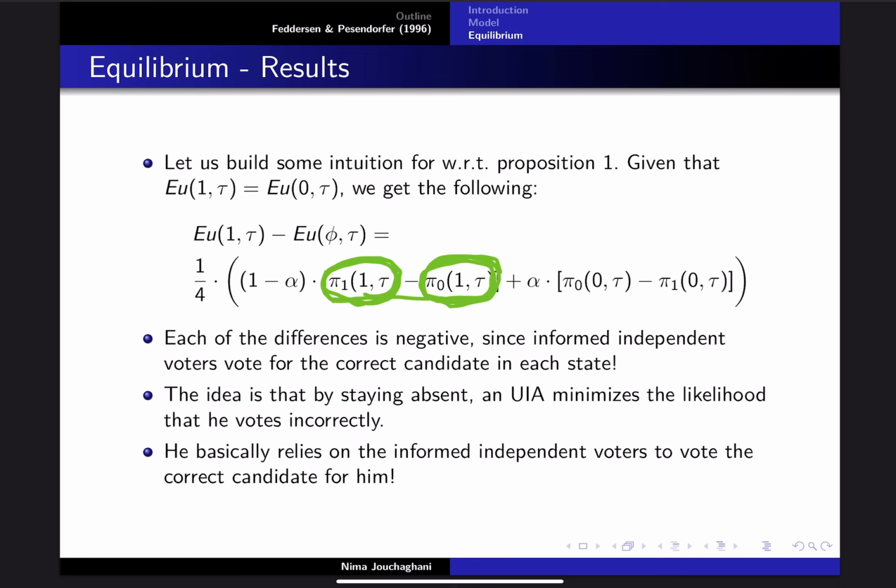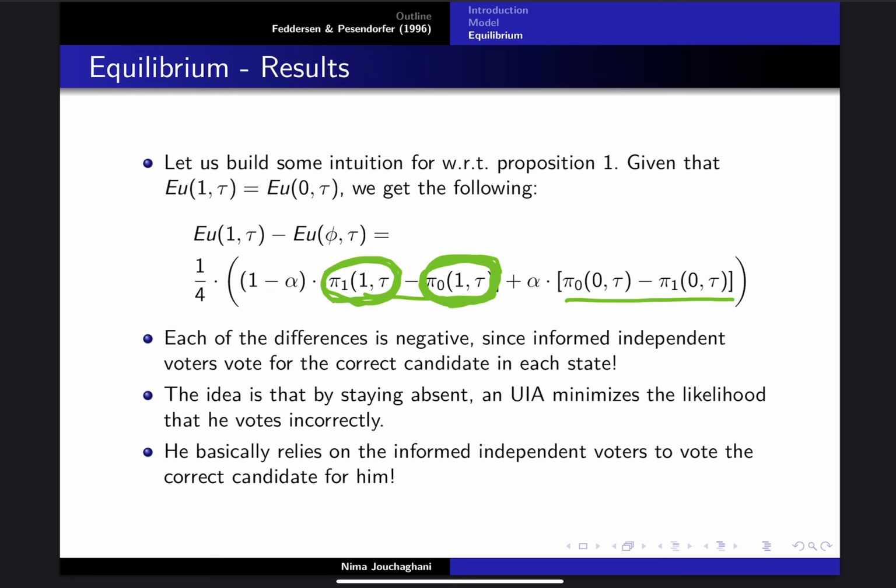In state 1, candidate 1 will win with a higher likelihood than candidate 0. As a consequence, the likelihood that you are pivotal is higher when candidate 0 is considered than candidate 1. The same holds for this difference here. This will also be negative.